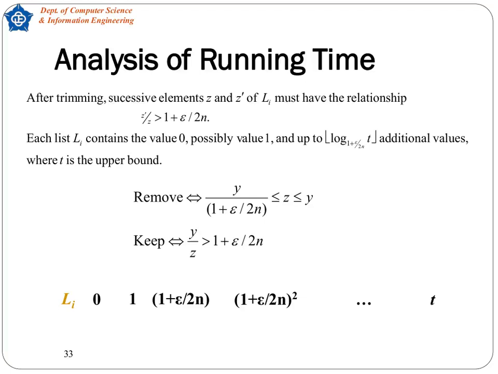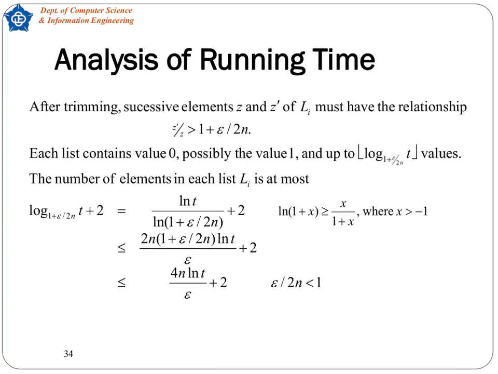As a result, Li grows exactly like a geometric sequence: 0, 1, 1 plus epsilon/2n, (1 plus epsilon/2n) squared, up to t, so its length is bounded by that logarithm. This compact list size is the key to our algorithm's efficient running time.